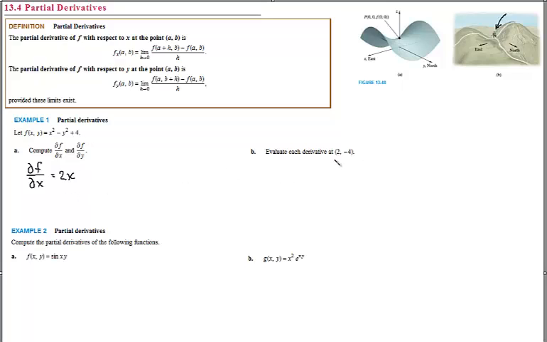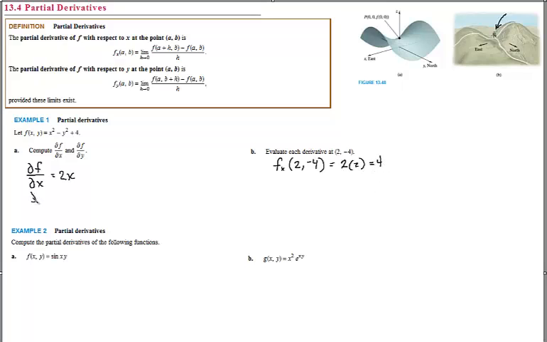Now, this next question asks me to compute this partial derivative of f at that particular point. So how I'll write this is the partial derivative with respect to x at the point (2, -4) is going to be 2 times that 2, and this answer would then be 4.